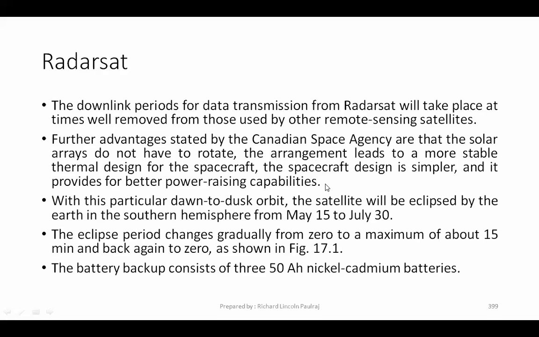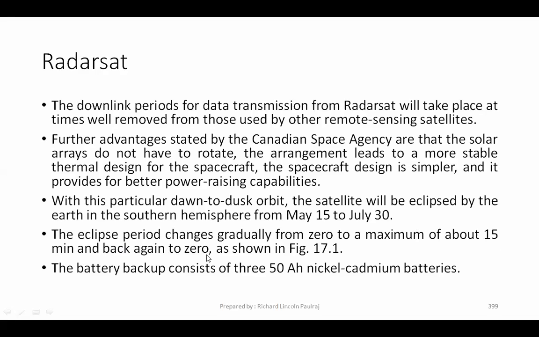With this particular dawn to dusk orbit, the satellite will be eclipsed by the Earth in the southern hemisphere from May 15 to July 30. So there will be a certain amount of time where there can be an eclipse. The eclipse period changes gradually from 0 to a maximum of about 15 minutes and back again to 0.